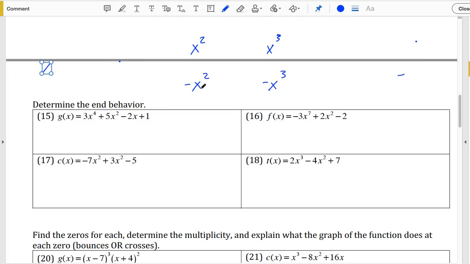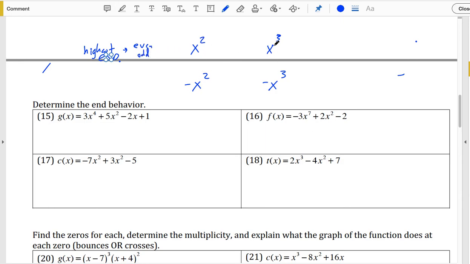So one of those four, and it's depending on the highest exponent, which again is called our degree, and that's whether it's even or odd. So it's got to be either even or odd.